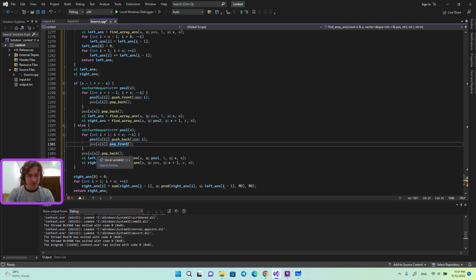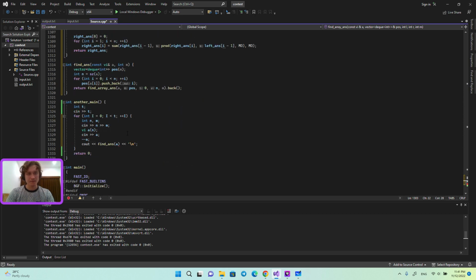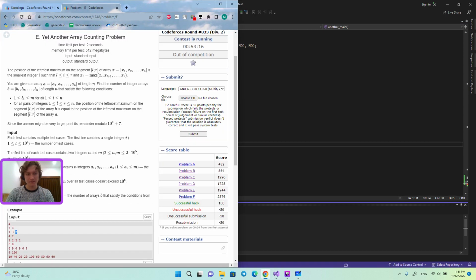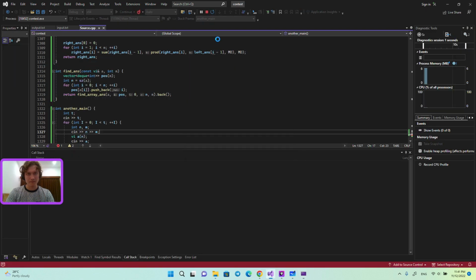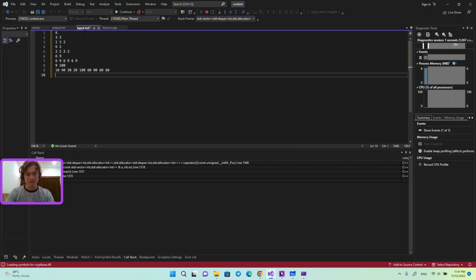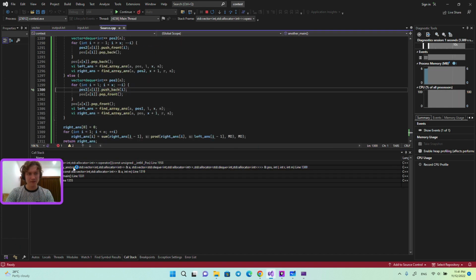After that, pos AX also gets a pop front. Great. Okay, this failed, but why?